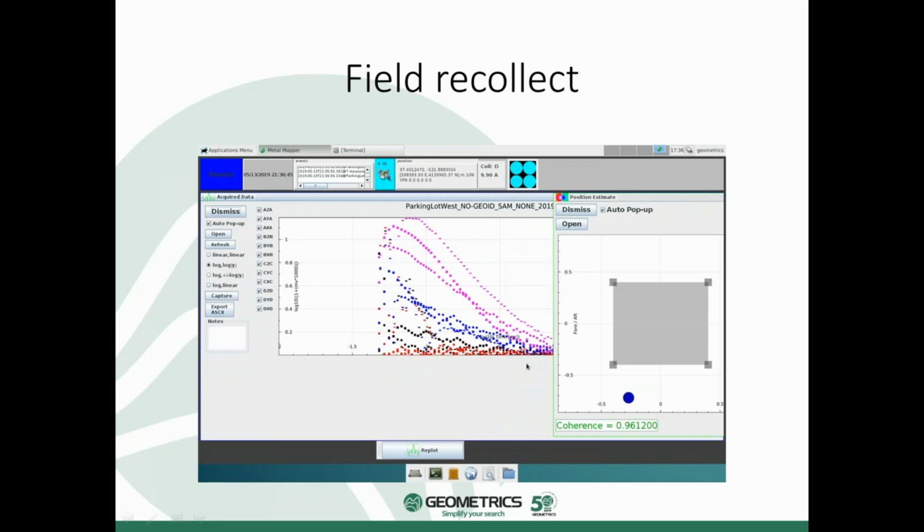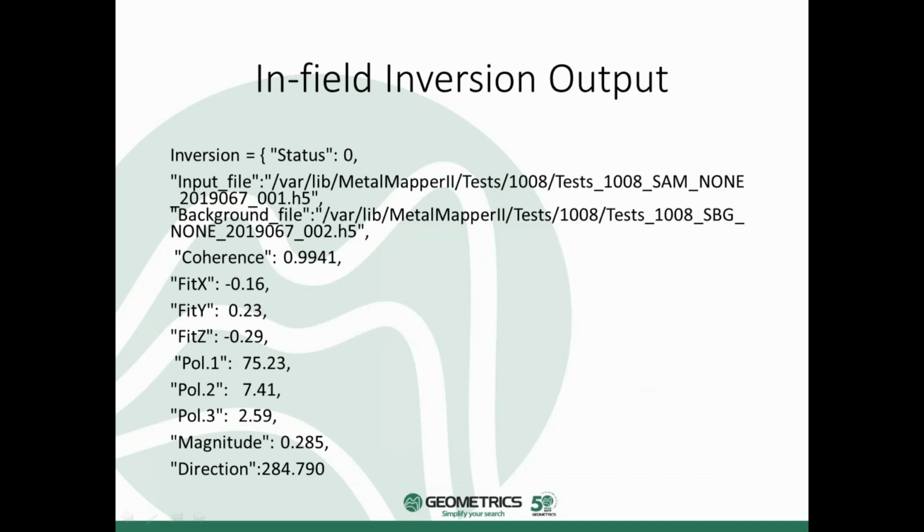So this is what will be displayed to the operator, but there's more information that is actually included with the infield inversion. And so we've added this to the metadata as well for SAM measurements, some information for the processor if they're curious about what the results of the quick infield inversion were. So it is recorded as well. Like I said, the operator only really sees this coherence and then the position.